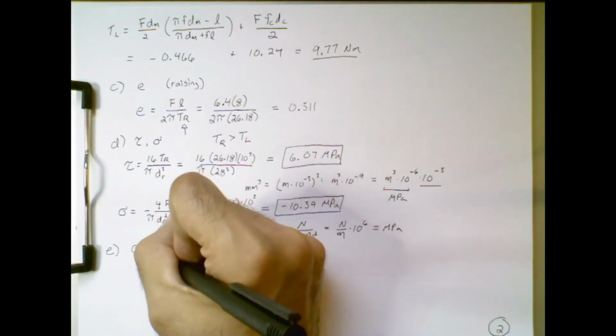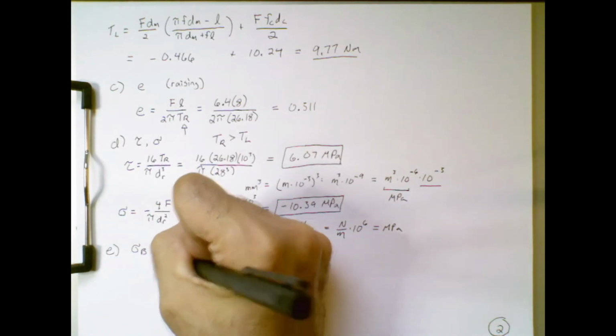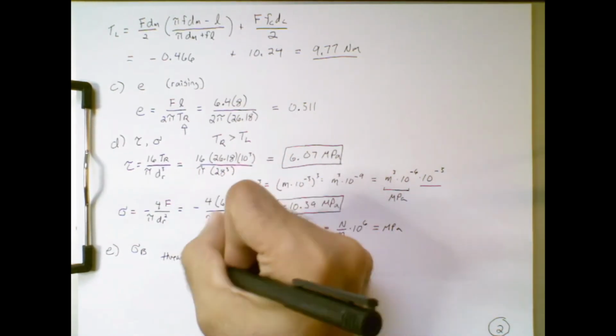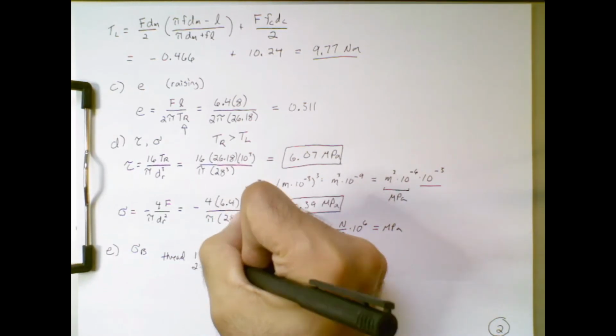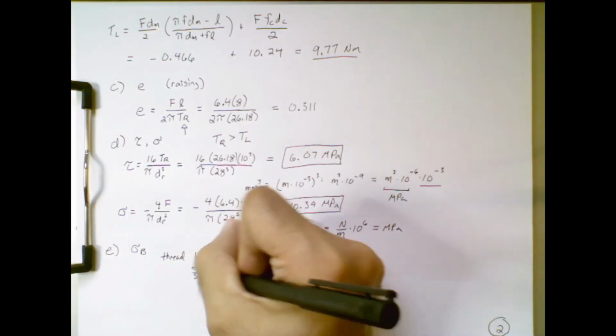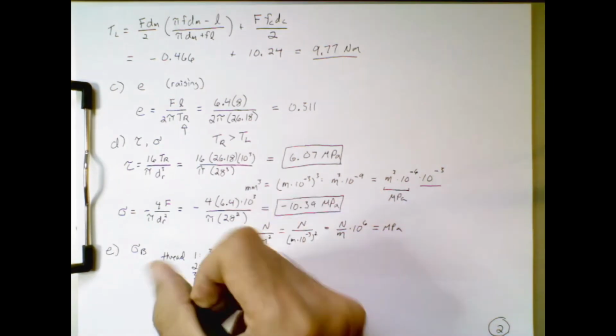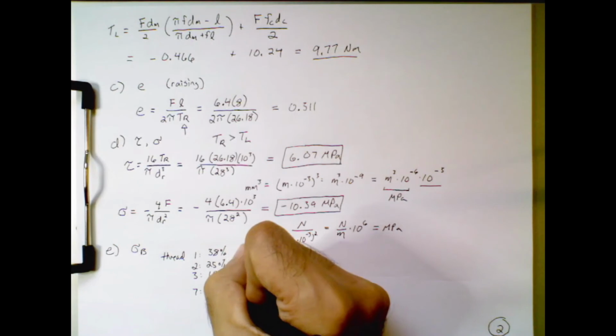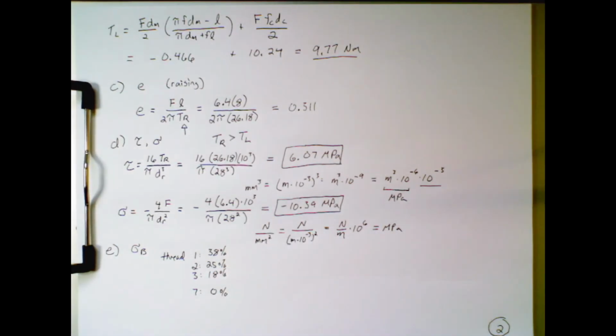Typically, thread number 1 takes 38% of the load, thread number 2 takes 25% of the load, and thread 3 takes 18%. And experiments show if we go all the way out to a 7th thread, there's no load on the 7th thread.